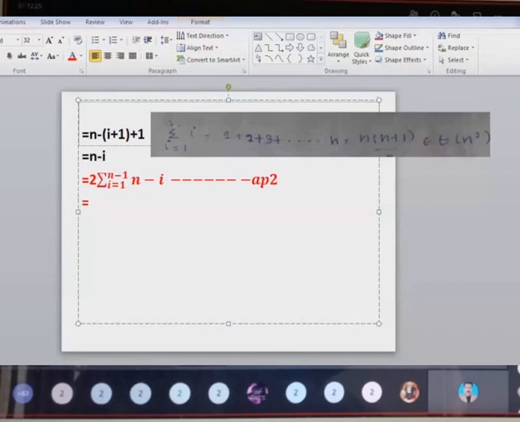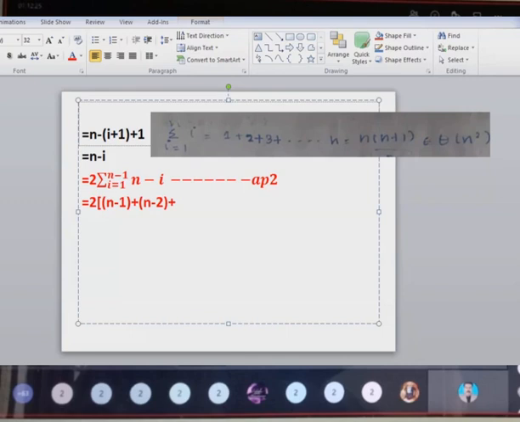Equivalent to 2 within bracket. So in the formula, we have I equivalent to 1 to n. In the summation, we have I equivalent to 1 to n minus 1, right? So instead of I, substitute n minus 1. Clear, everyone? n minus 1. Next, plus, next substitute n minus 2.